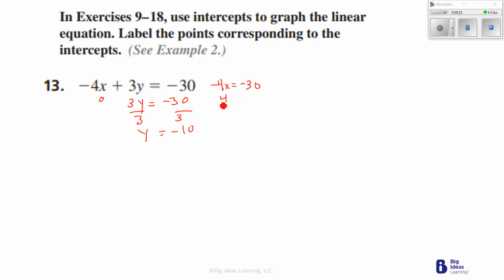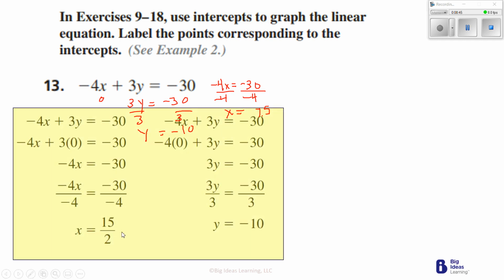When I divide by negative 4, x is going to be equal to, well, I know half of 30 is 15, and half of 15 is 7.5. So this would give me 7.5, a negative divided by negative, or 7.5 if you did a fraction. And 15 divided by 2 is 7.5, and y is negative 10.